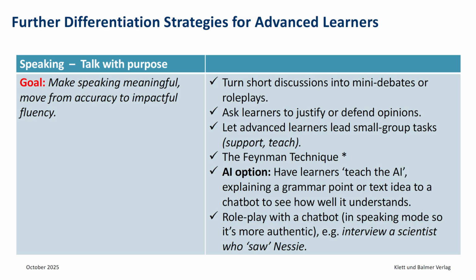Do you know what? Even with ChatGPT, you could put it on speaking mode, and you'll have to create the prompt for the learners because you don't want them to go off topic, and they can actually have a conversation in English with ChatGPT.